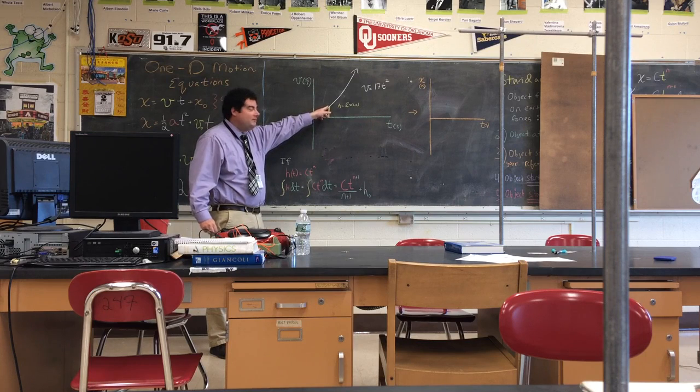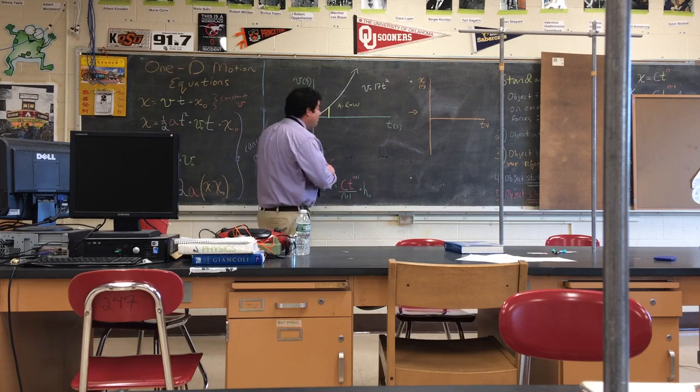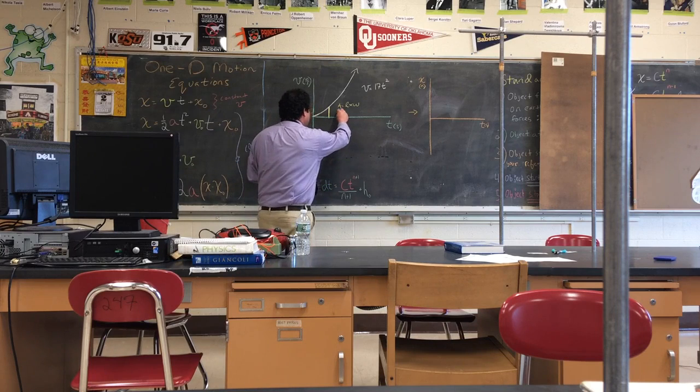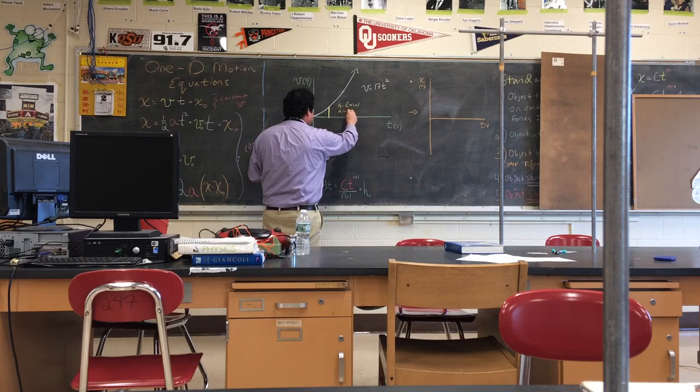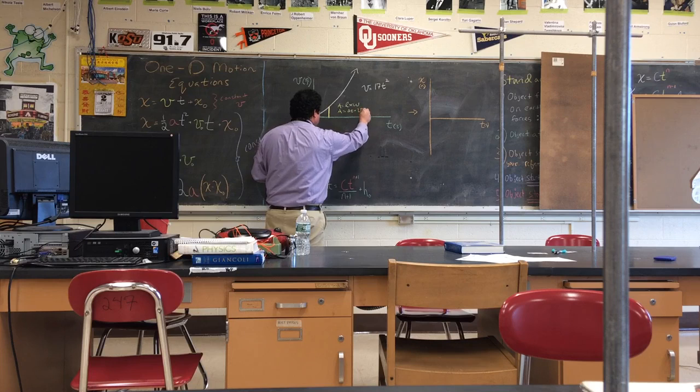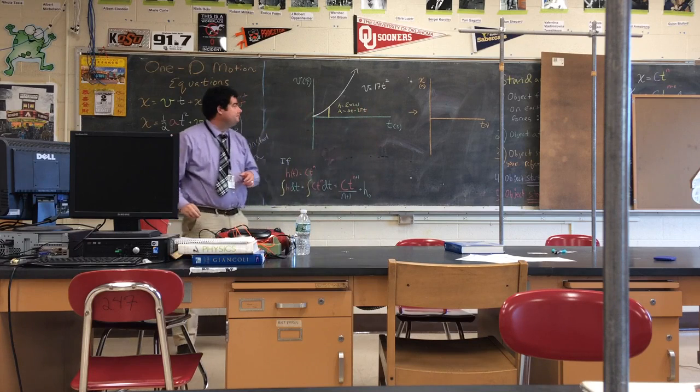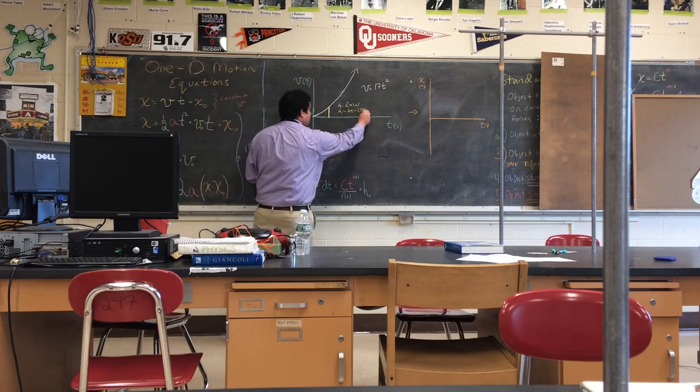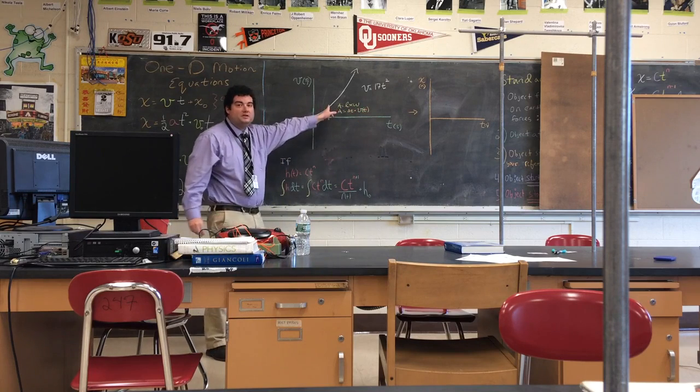In that tiny little period, it's basically flat. So what would it be? Well, its length would be delta t, and its height would be v of t, in other words, whatever this function is.